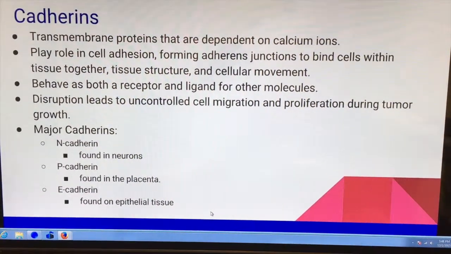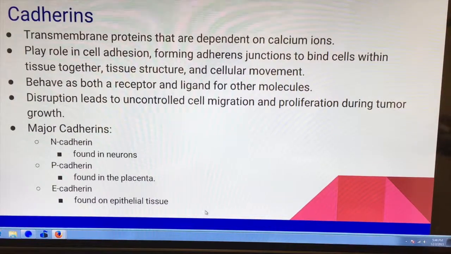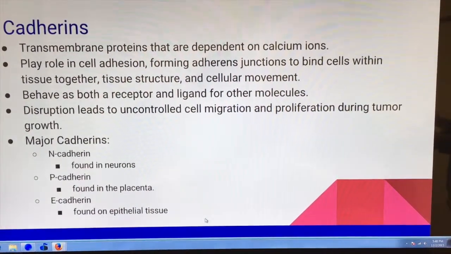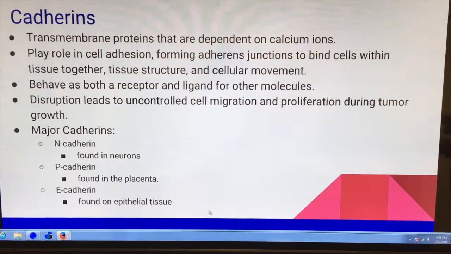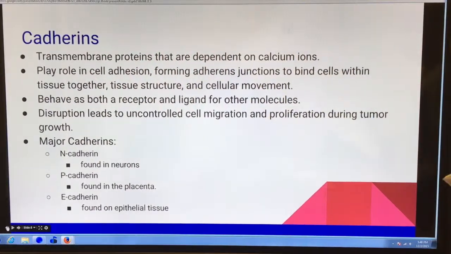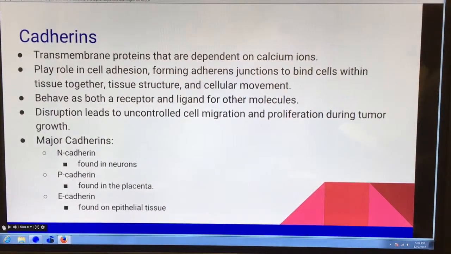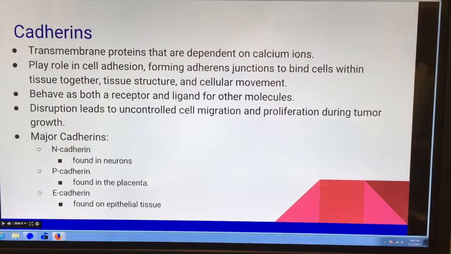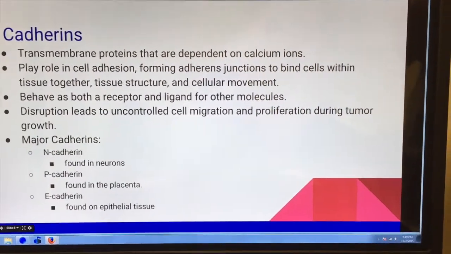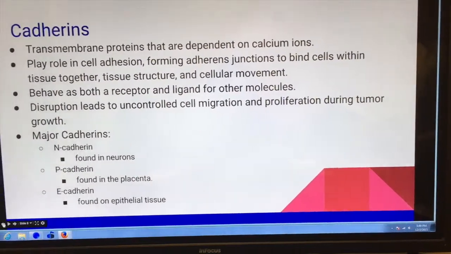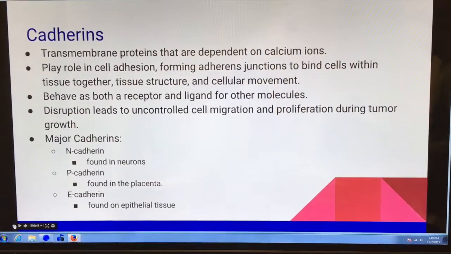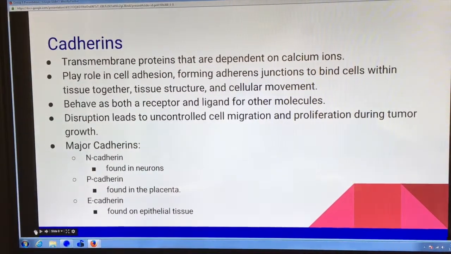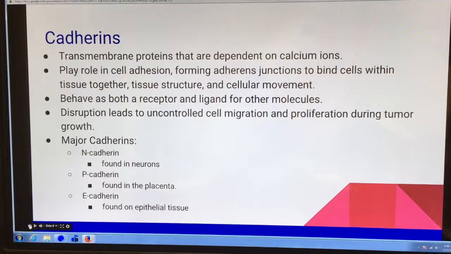The extracellular domain of cadherins regulates homophilic and heterophilic interactions during adhesion and cell sorting. There are three major types of cadherins: the N cadherin, found in neurons and neural cells; P cadherins, found in the placenta; and E cadherins, found in epithelial tissues.